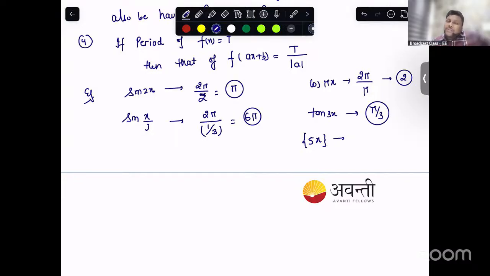What is the period of the fractional part of x? 1. So the fractional part of 5x will have period 1 by 5. Am I correct? Yes.